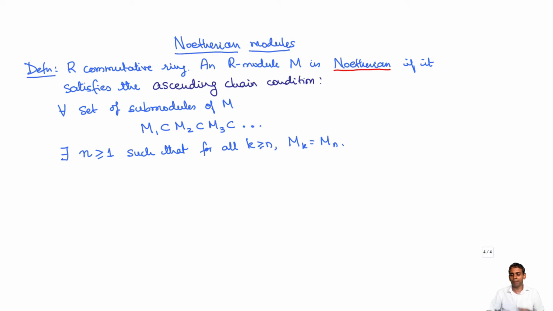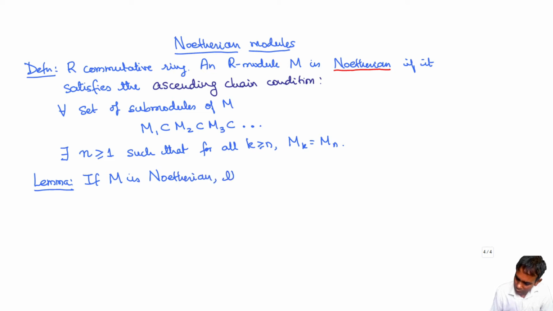So you cannot keep getting larger and larger submodules indefinitely. And the relation to finite generation is quite straightforward to start with. We can show an easy lemma that if M is Noetherian, then M is finitely generated.